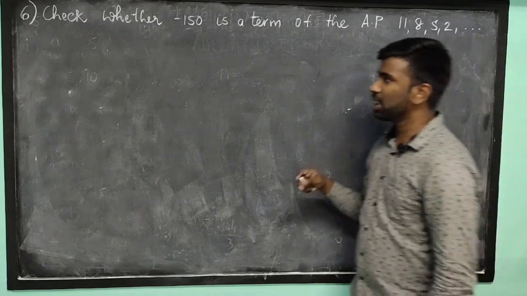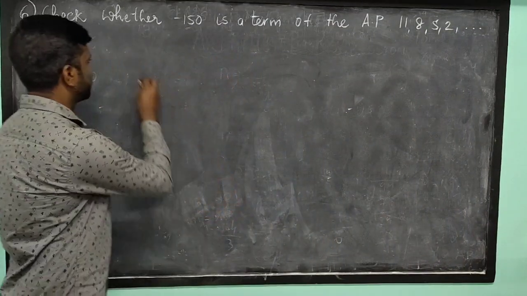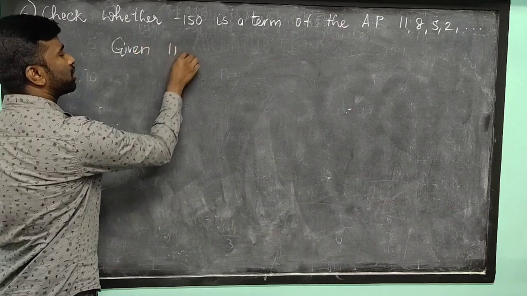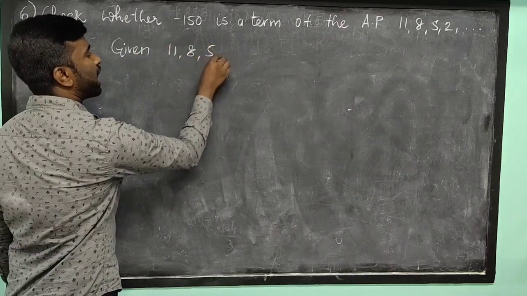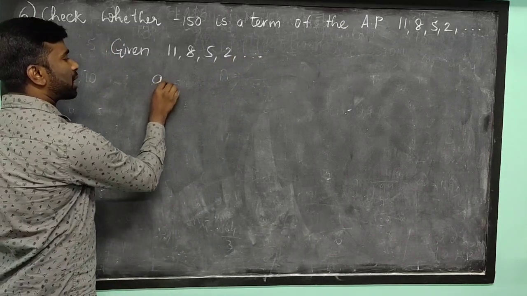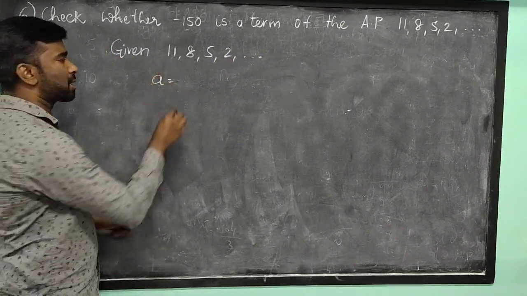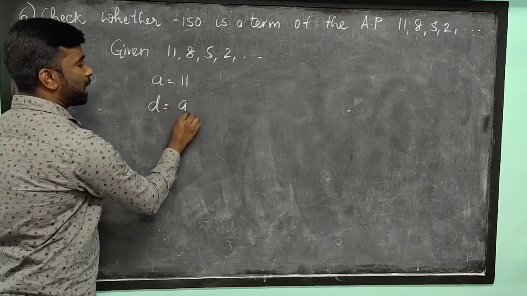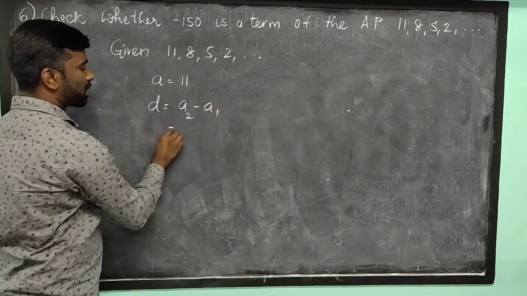Students, the given AP is 11, 8, 5, 2 and the list goes on. Now what is a? The first term a equals 11. Then d equals the common difference, a2 minus a1. What is a2?